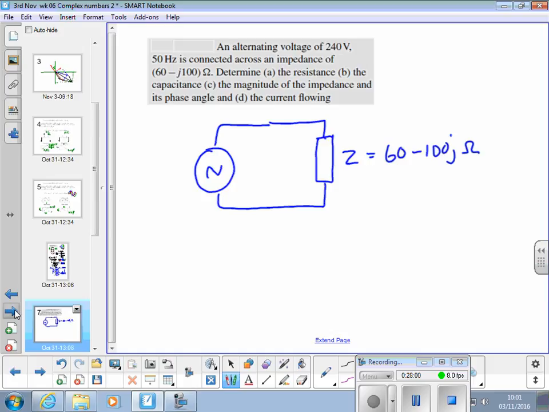The voltage is 240 volts. If no angle is given, the assumption is 0 degrees. Determine I, the resistance. Where does that come from in this question?